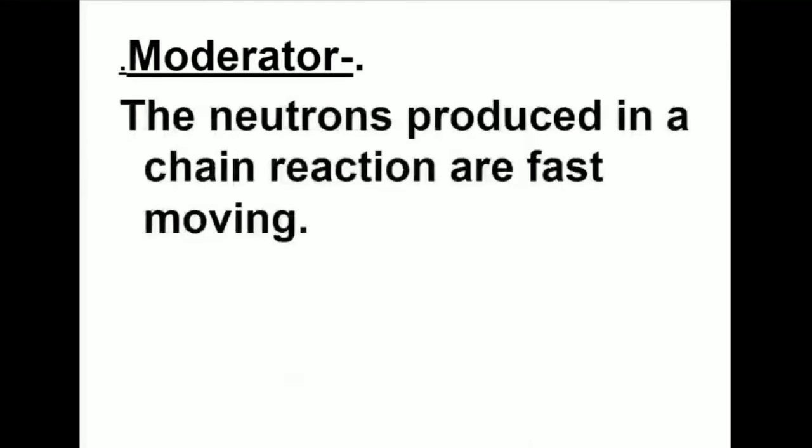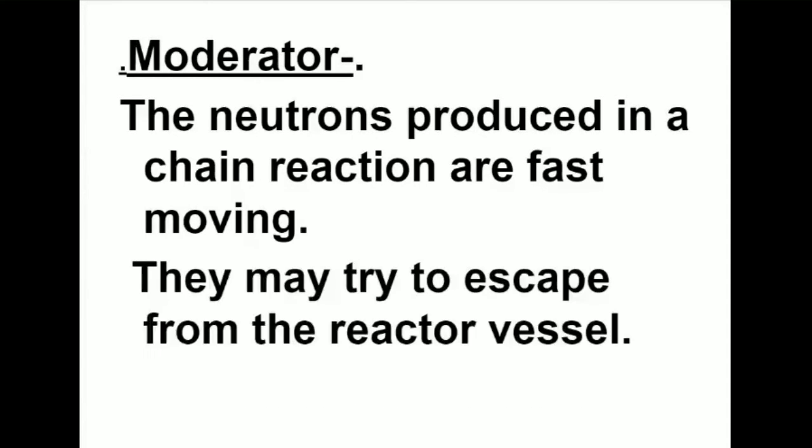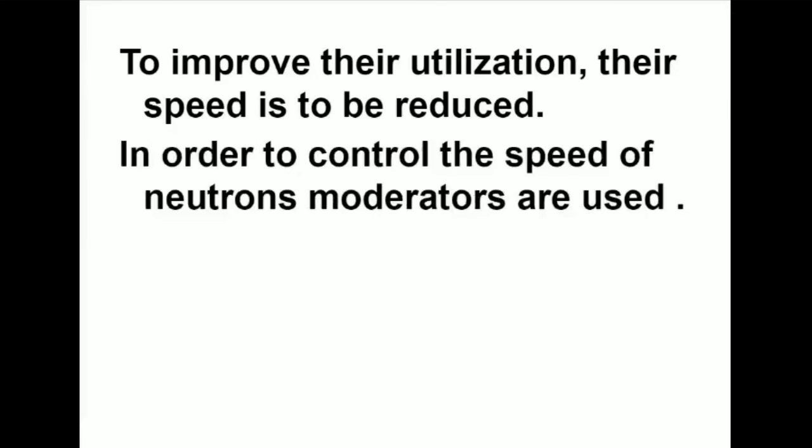Moderator. The neutrons produced in a chain reaction are fast moving. They have high kinetic energy, so they may try to escape from the reactor vessel. To improve their utilization, their speed is to be reduced. In order to control the speed of neutrons, moderators are used.